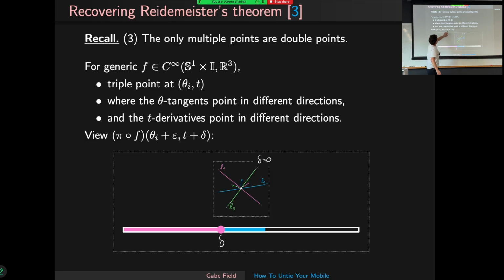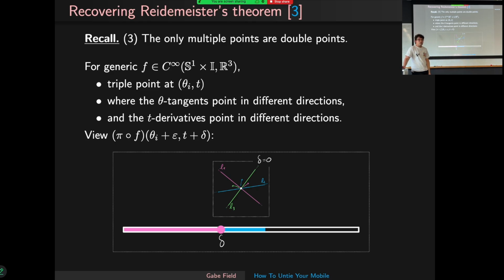And what I'm drawing here is I'm at the common time, and I'm going to have a look at a little offset delta. Start with delta is 0. I'm going to draw these curves out in a little epsilon neighborhood of the theta I. Okay, so if I do that, this is what I get. 3 things intersect at a common point, different tangent directions, and different directions in which that point of interest is going to move, different time derivatives.